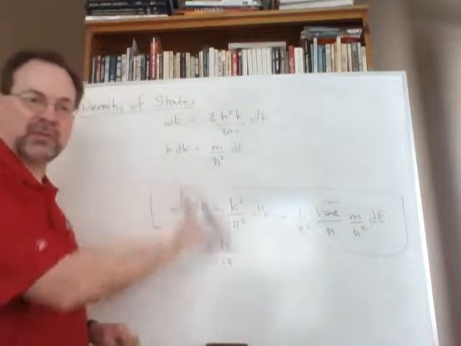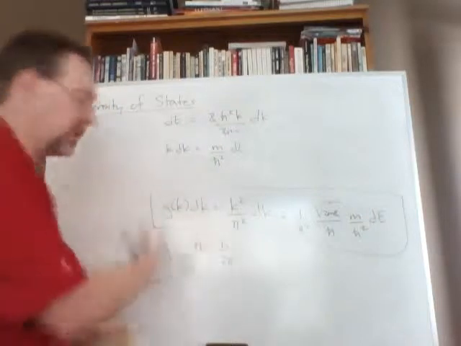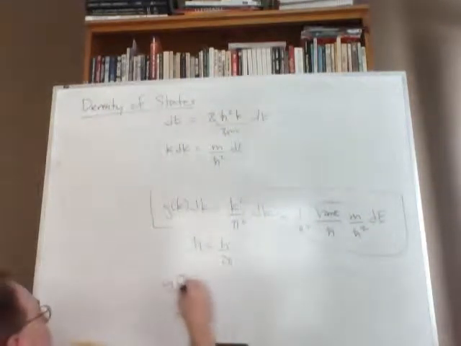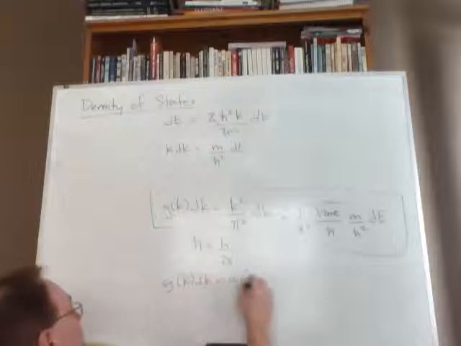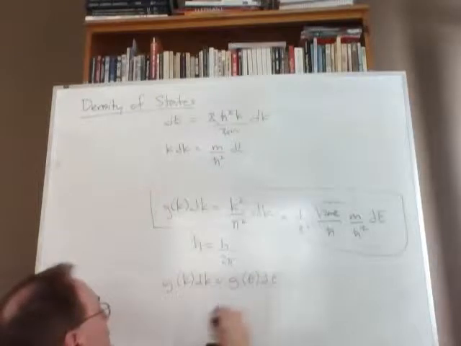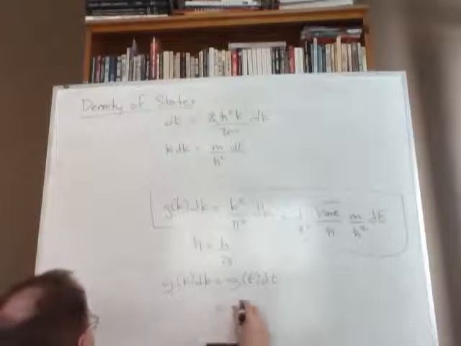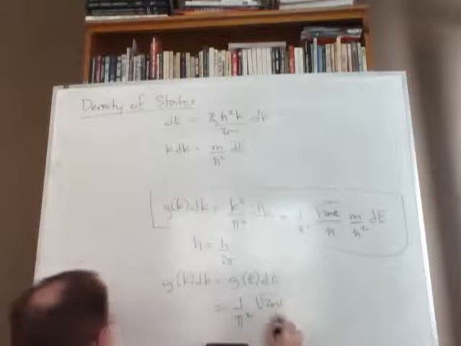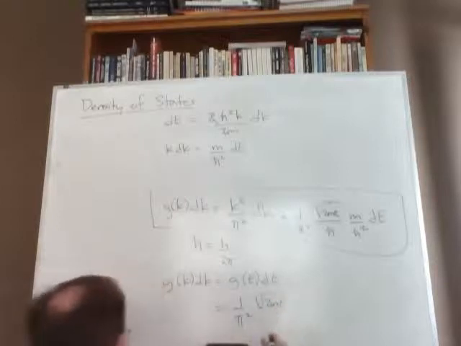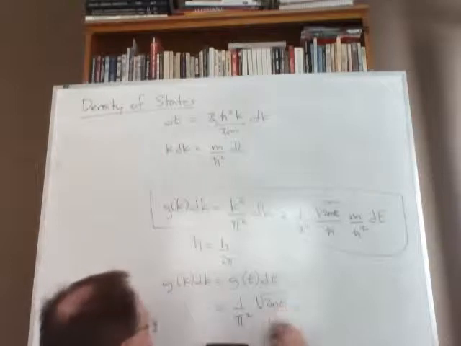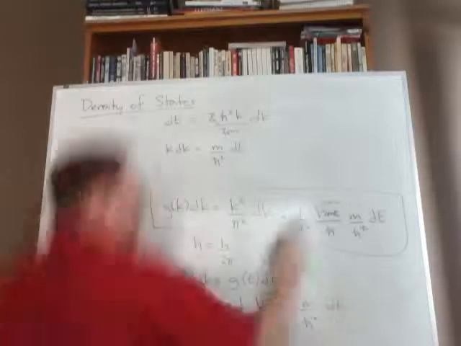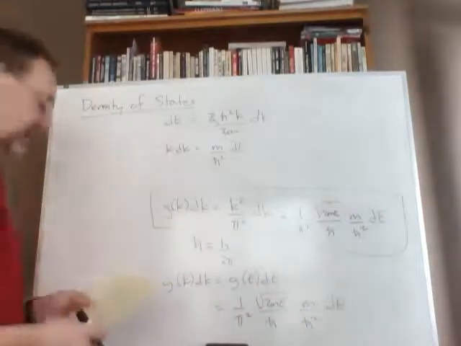So if I do a little more simplification and get this in terms of h instead of h bar, I can find that g of k dk is equal to g of E dE, which is 1 over pi squared, square root of 2mE over h bar, m over h bar squared dE.